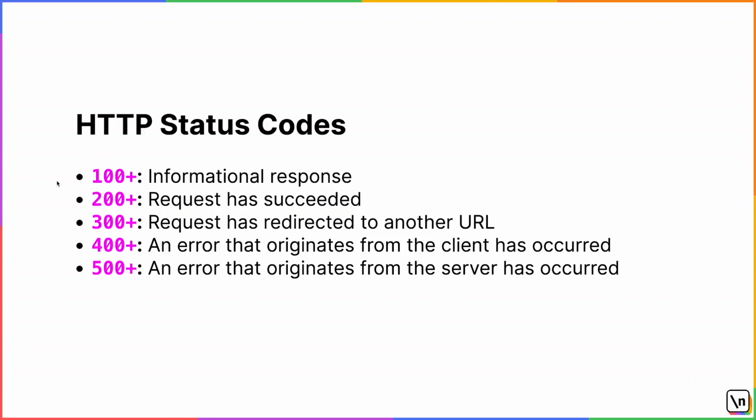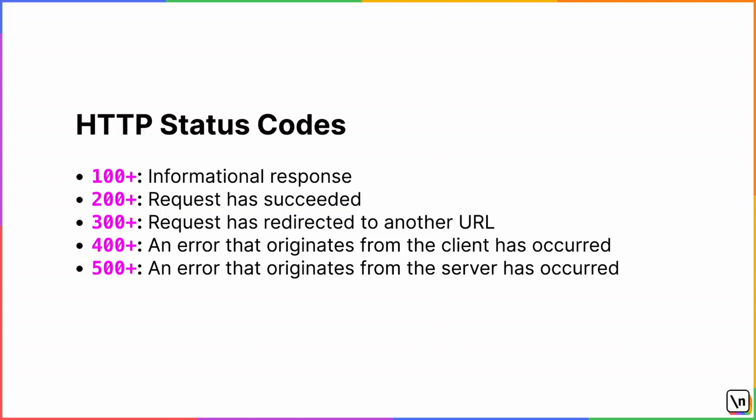So 100 plus is an informational response. 200 plus is a request has succeeded. 300 plus is request has redirected to another URL. 400 plus is an error that originates from the client, and 500 plus is an error that originates from the server.